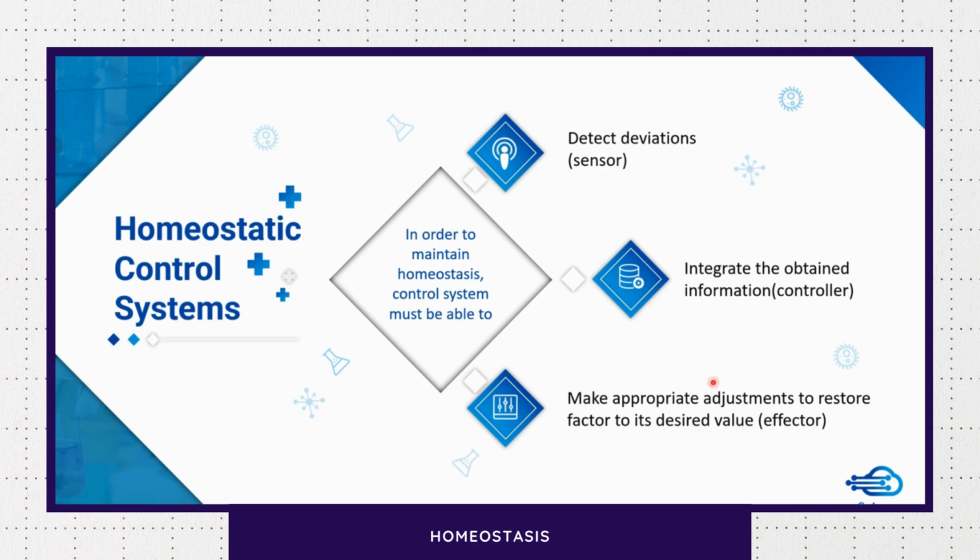So in summary, there should be a sensor to detect deviation, there should be a controller to integrate the information, and then there should be an effector, the executioner, to make appropriate changes in the functioning of the organ system, so that the variable which it has detected first should come back to its normal range.